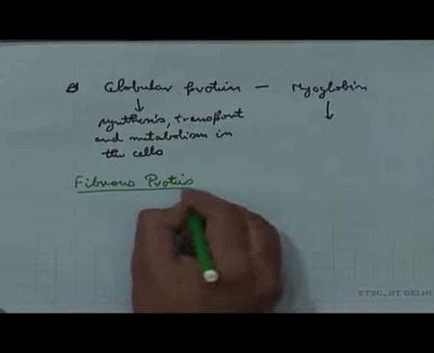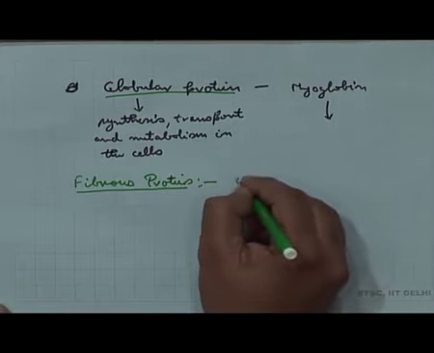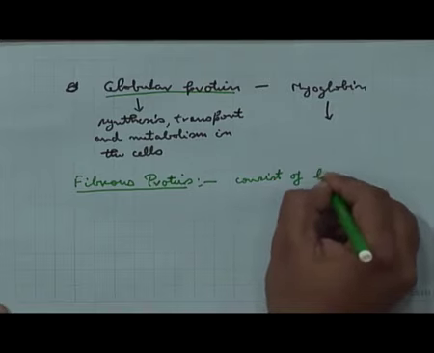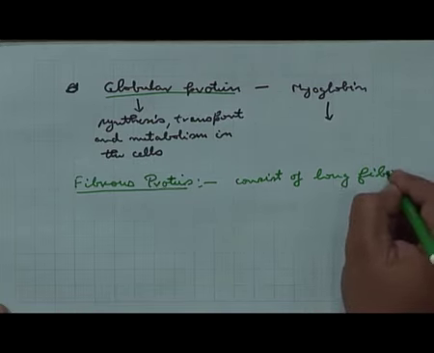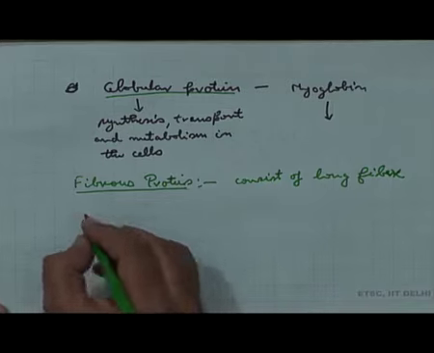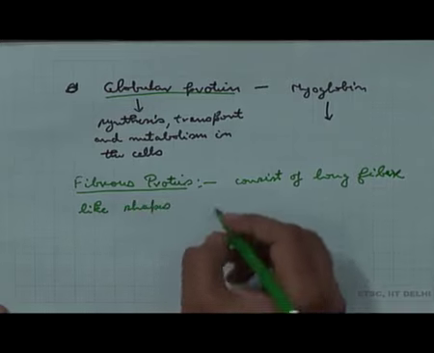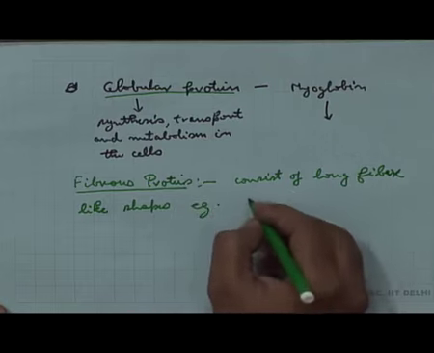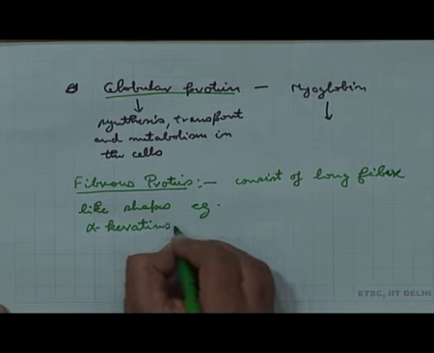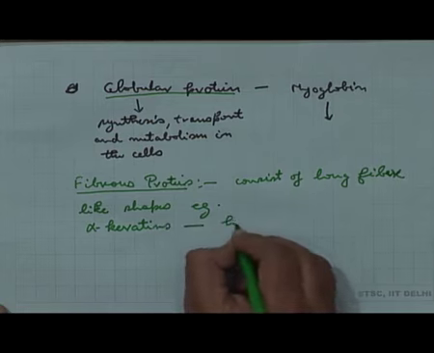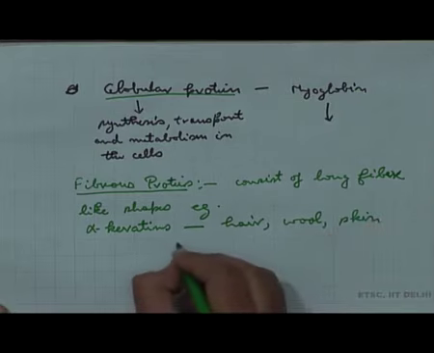Fibrous proteins consist of long fiber like shapes, and for example, alpha keratins, which make up hair, wool, skin and nails.